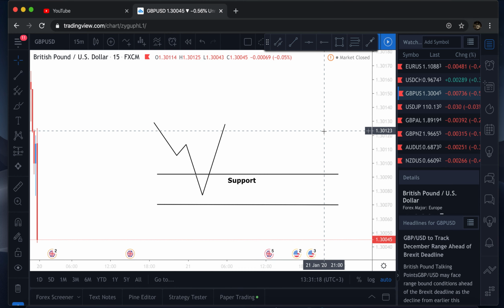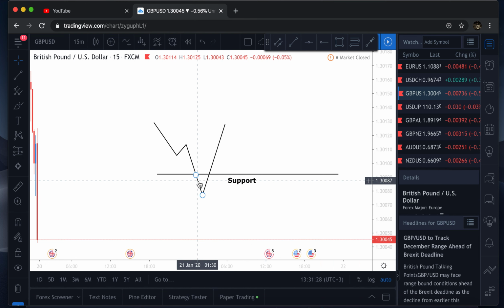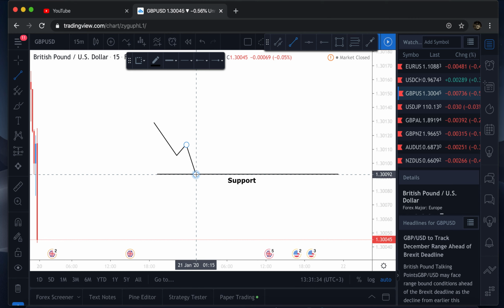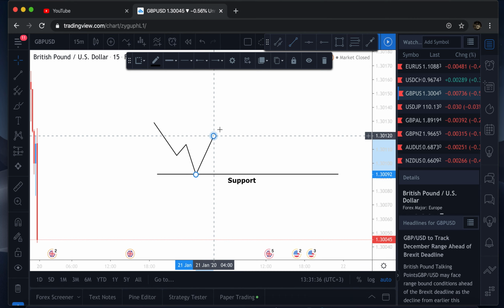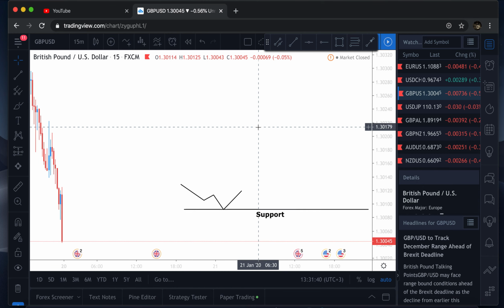There is always an area where you expect the price to reverse from. I'll show you guys this later on. I don't want to confuse anybody, so for now we'll keep it really simple. And this is what a support looks like. Price bounces back off.